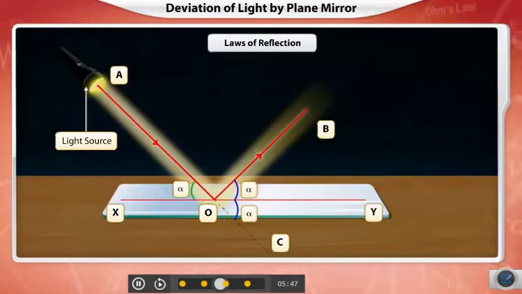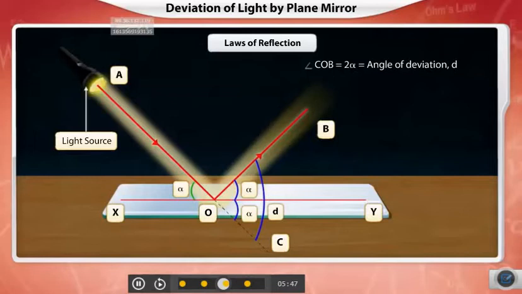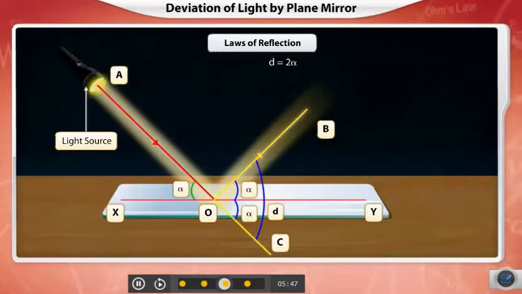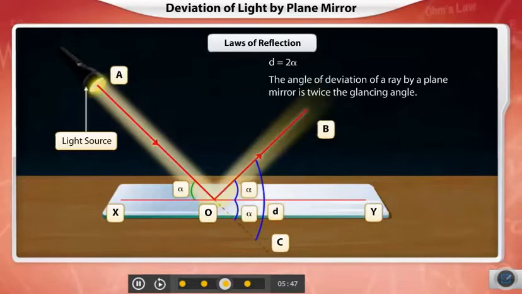From these observations, we can conclude that the angle COB is equal to 2 times alpha. The angle COB is called the angle of deviation, or D. Since D is equal to 2 alpha in general, we can say that the angle of deviation of a ray by a plane mirror is twice the glancing angle.